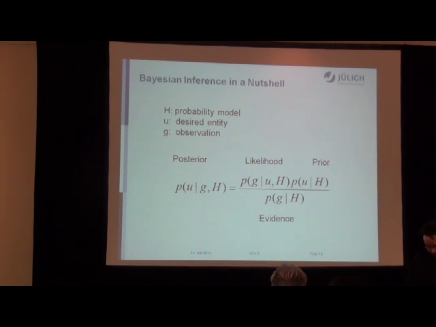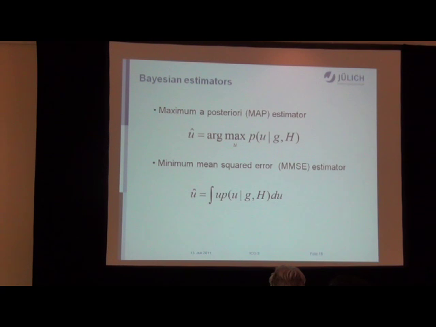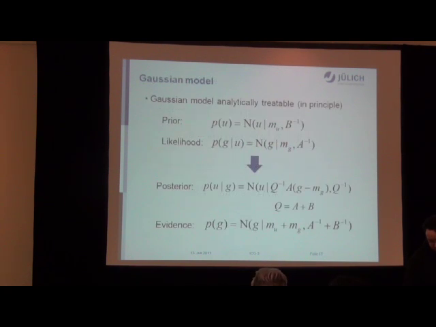And then if you would like to compress this information, we could use one of these well-known estimators, the MAP estimator, the minimum mean squared error estimator from the posterior PDF. And I like to use Gaussian models because of their simplicity, so we can write down prior and likelihood and analytically compute the posterior PDF by simple linear algebra.